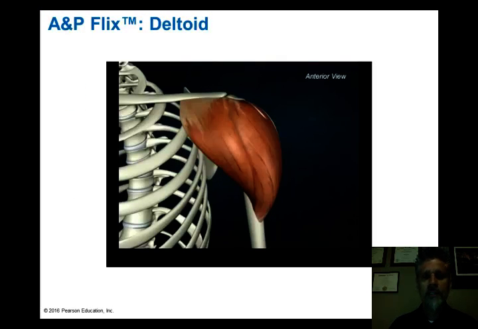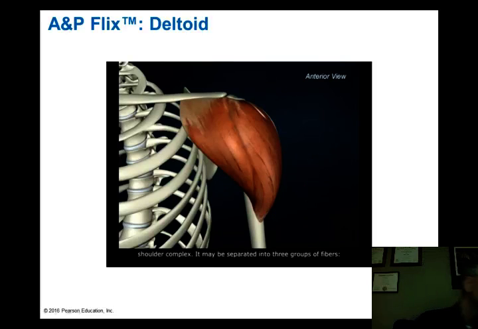So take a look at this one. This is an interesting video that will show us the movement of the deltoid, and interestingly enough, how it can be, in some cases, its own antagonist. The deltoid is the large fleshy muscle we most associate with the shoulder complex.